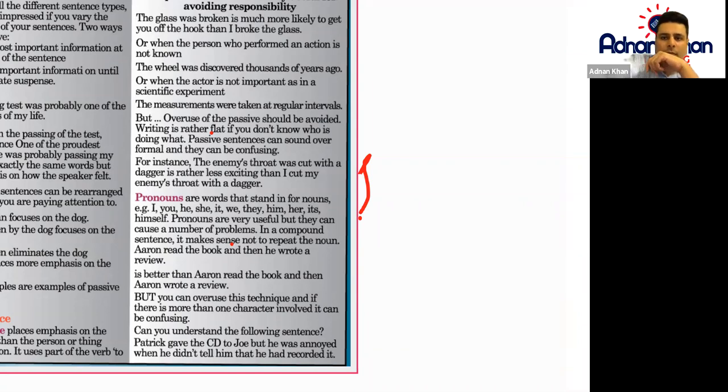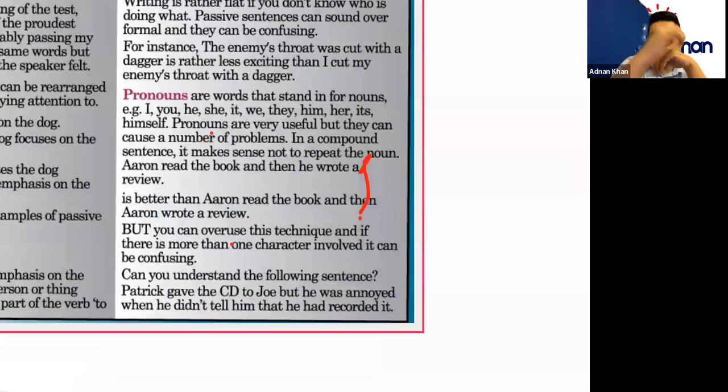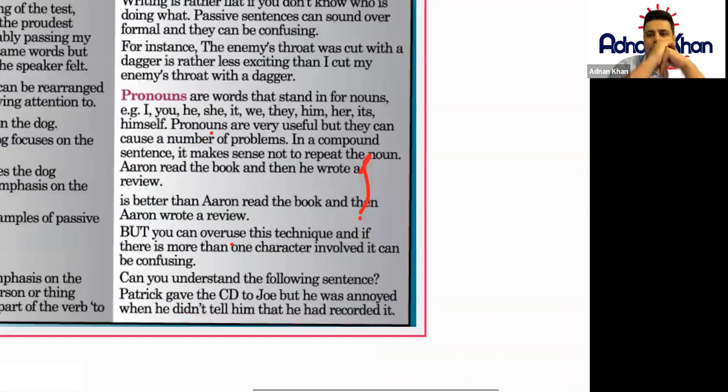Pronouns are words that stand in for nouns. Example: I, you, he, she, it, we, them, her, it's, himself. Pronouns are very useful, but they can cause a number of problems. In a compound sentence, it makes sense not to repeat the noun.